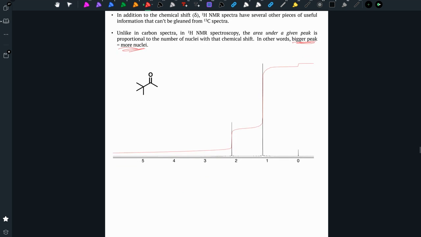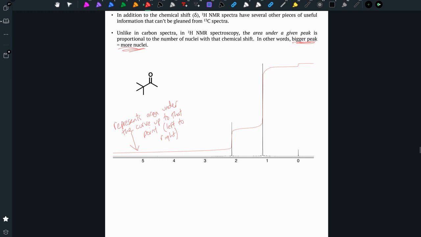So what NMR machines will do is they'll have this red line. This represents the area under the curve up to that point, from left to right. You see it starts as a flat line because there's no area under the curve yet.